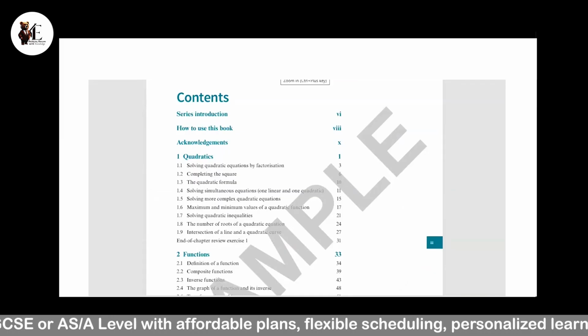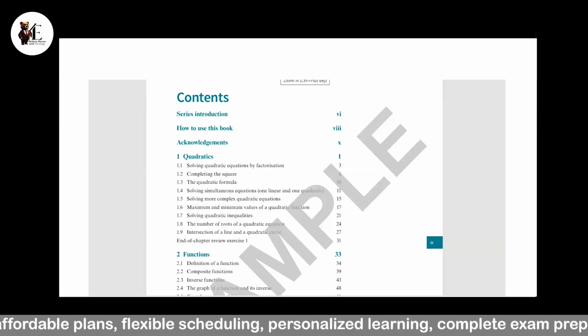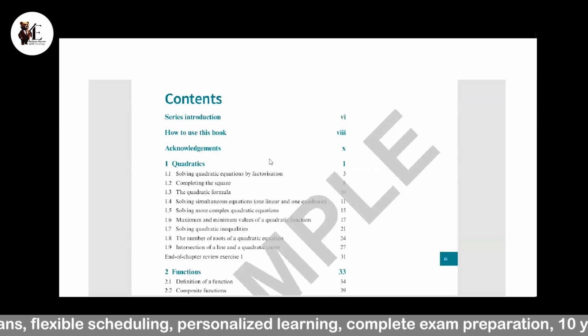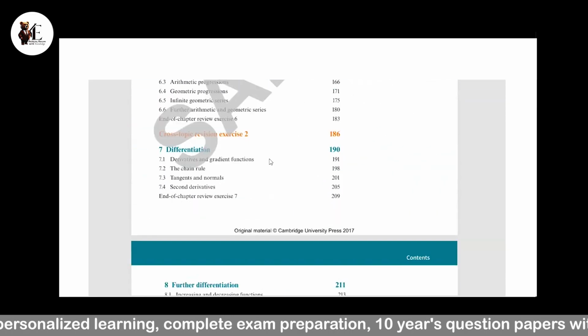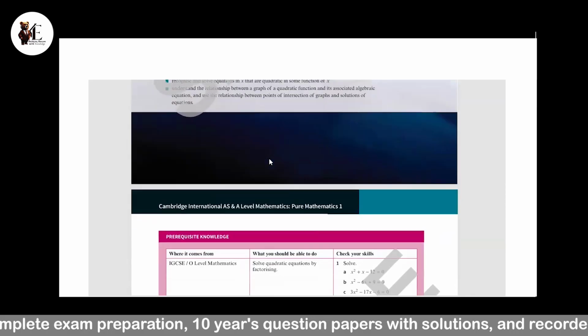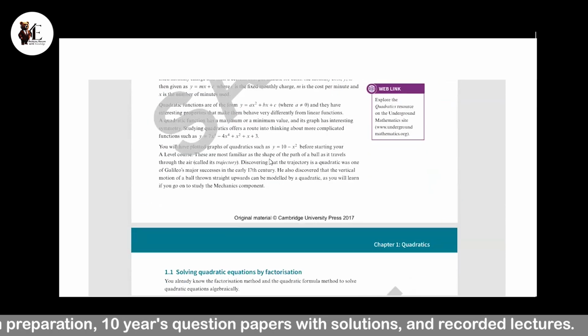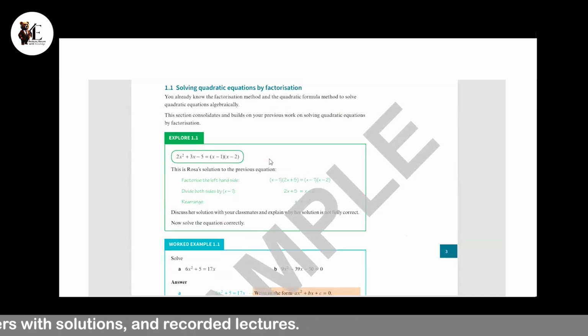Everything is the same. Yes, every single thing. The contents, everything is the same. All of it exactly the same. Okay, that's fine. And how many pages in your book? The total number of pages?